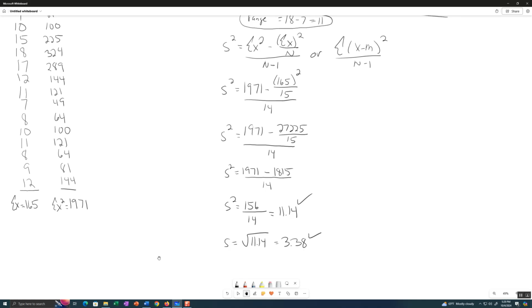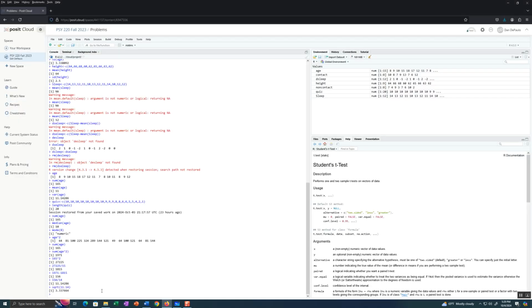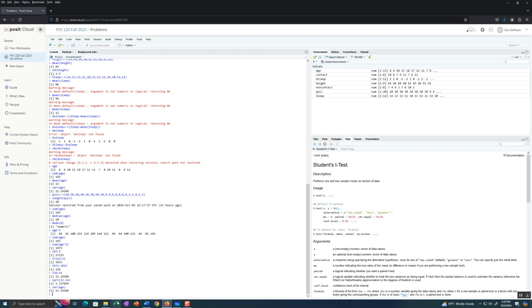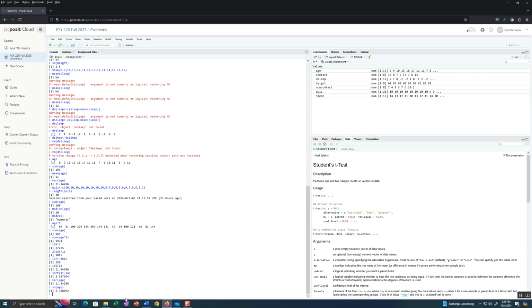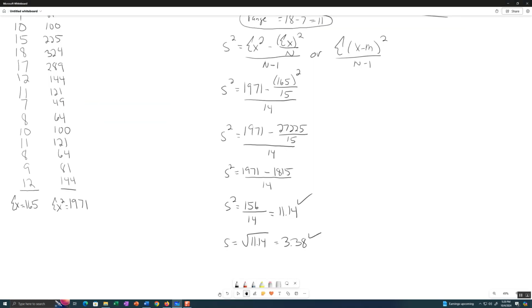That's my standard deviation. And I'm checking it with R, so that's obviously correct. And that's obviously correct. So that problem is done.